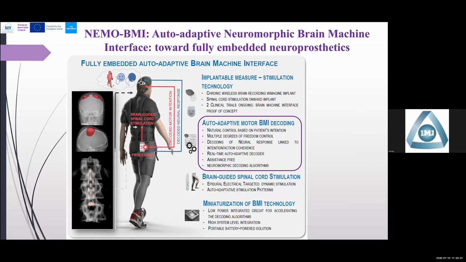They also say that they have some denoising engine inside the implant. This is patented, so we don't know exactly how it works, but our task was to try to train an auto-adaptive neuromorphic decoder of these signals.